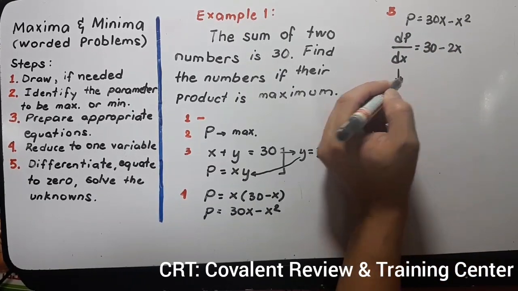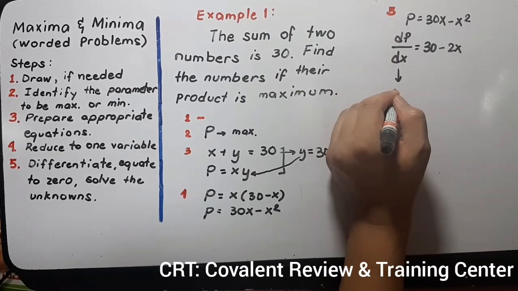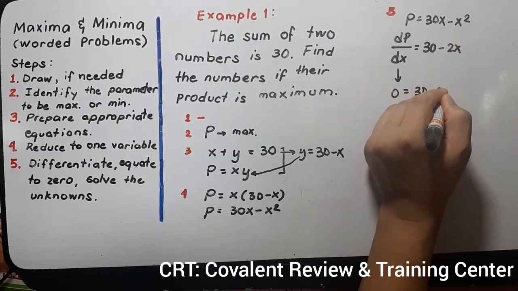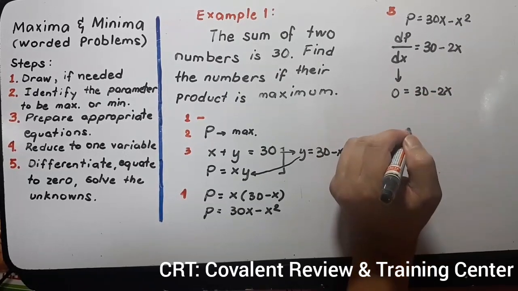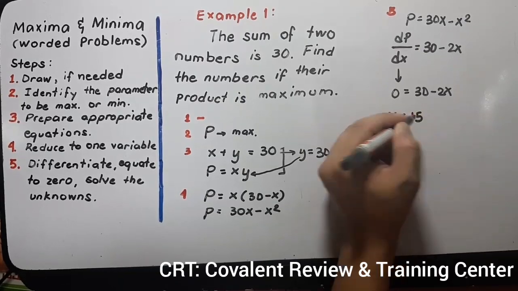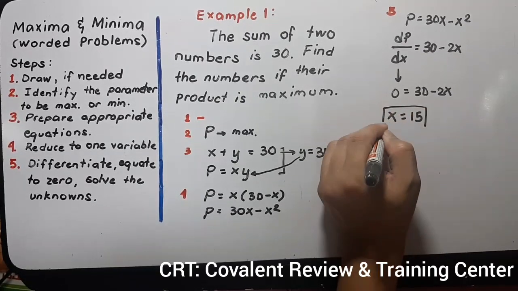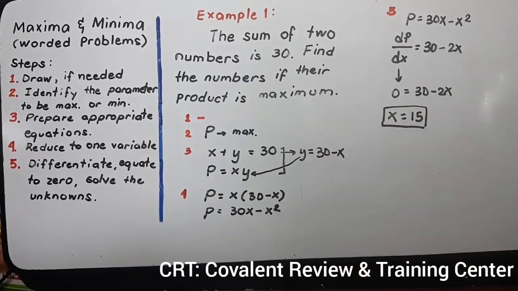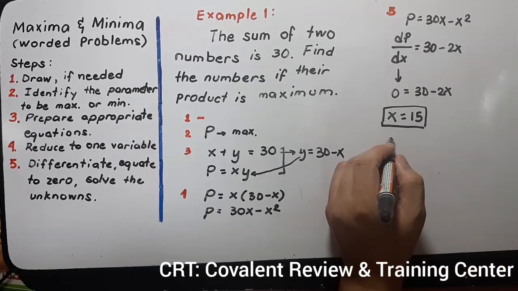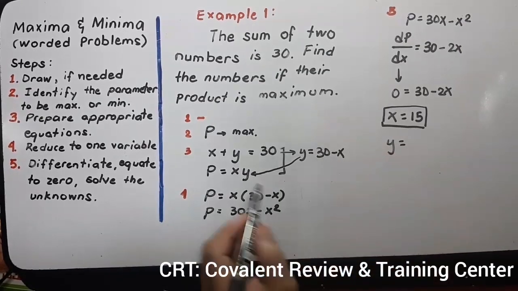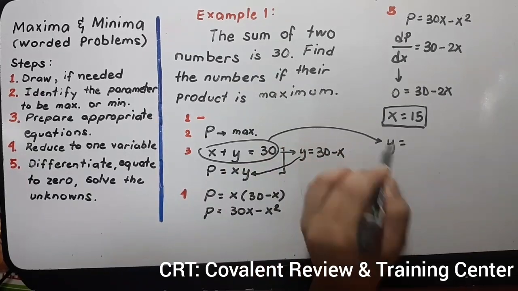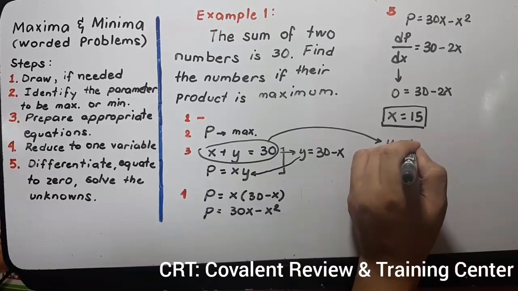Then equate dp over dx to 0. So we have 0 equals 30 minus 2x. Then solve for x. X here is equivalent to 15. Therefore, if x is equivalent to 15, we can solve for y using the sum equation. So y is also 15.